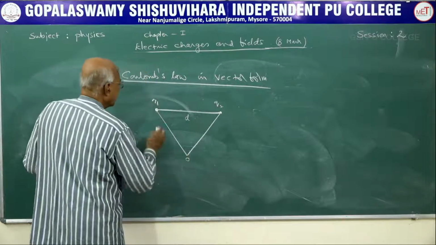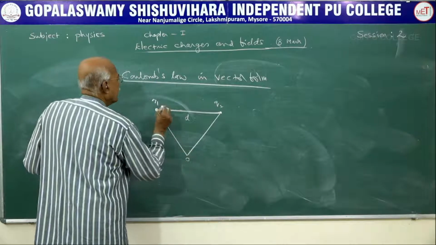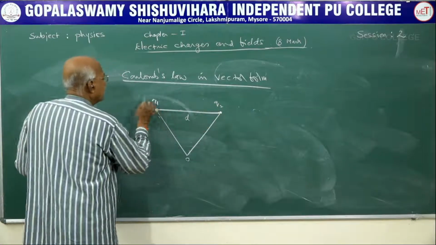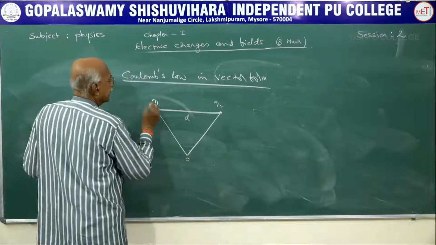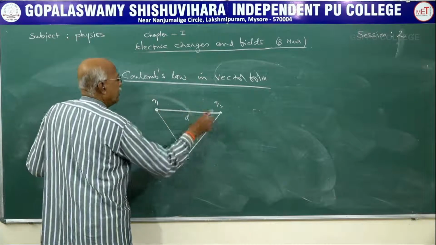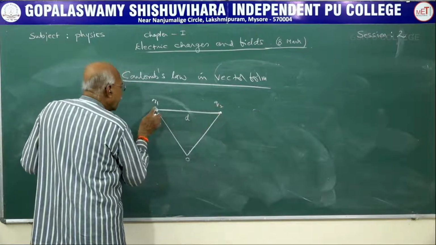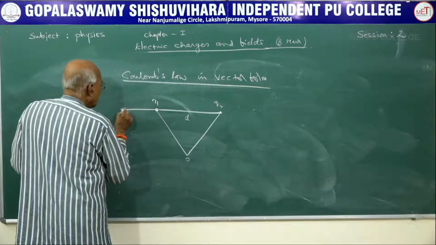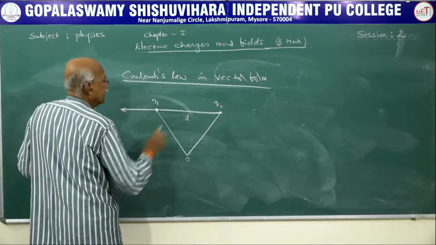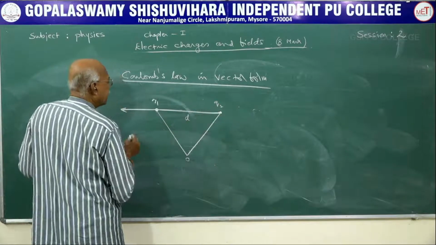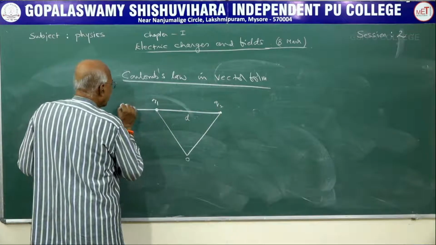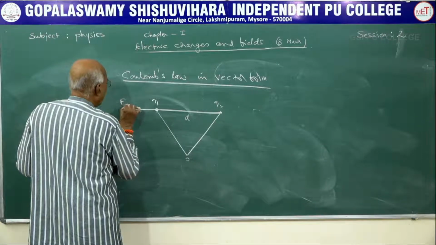Considering that both are of the same kind, this is positive, this is also positive, the charge Q2 exerts a force on Q1, therefore it moves along this direction. The charge Q2 is exerting a force, therefore you should write that this force is equal to F12.